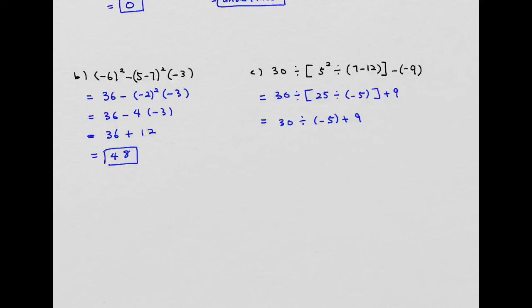And then you need to do division before additions. So I know obviously that value is going to be negative. Once you decide your sign, then don't worry about the sign. Then you just do the division. 30 divided by 5, that's going to be 6. Plus 9, which is going to be positive 3 for that problem.